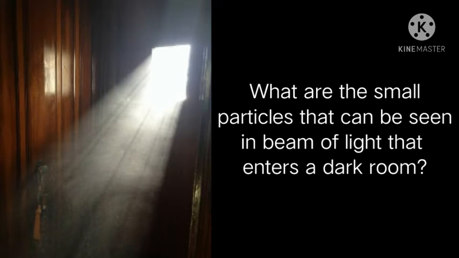Use your brain power. What are the small particles that can be seen in a beam of light that enters a dark room? In the beam of light, the small particles of dust are seen.